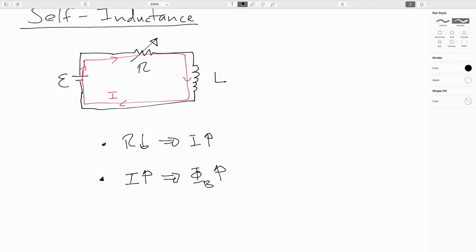Alrighty, so we've got ourselves a coil of wire and we have an increasing magnetic flux. We have a time varying magnetic flux here. Does that mean we induce an EMF? The answer is actually, yes, we do. We induce an EMF.